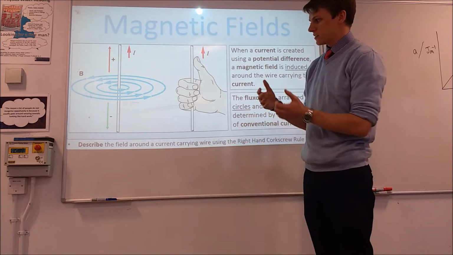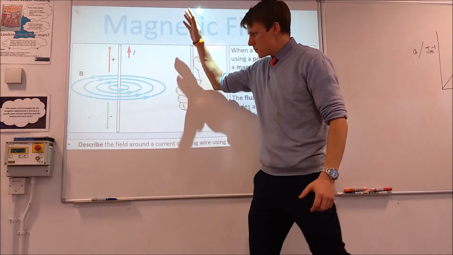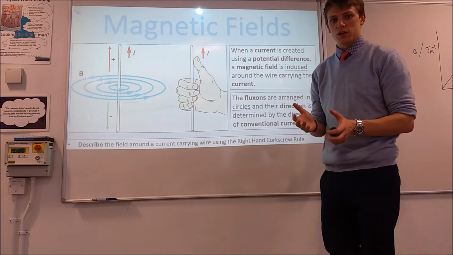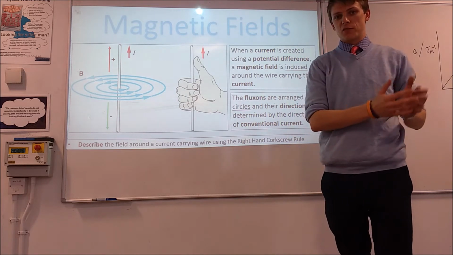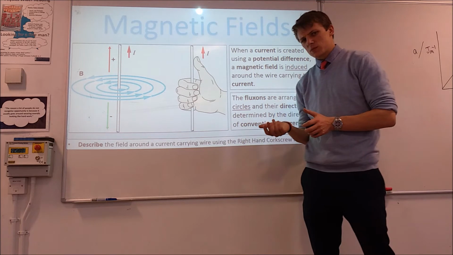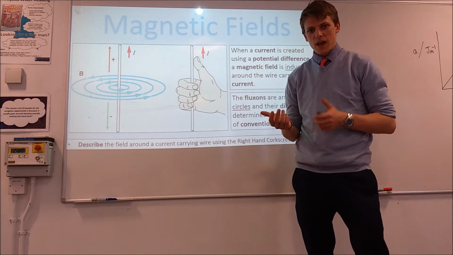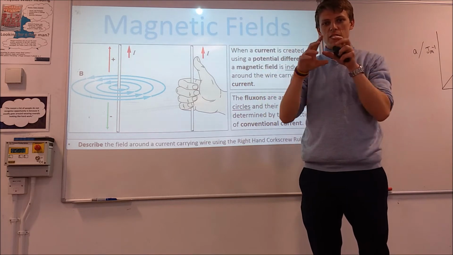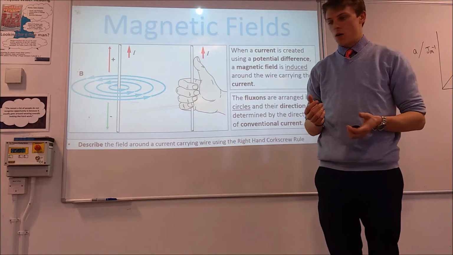So if there's a current, charges are moving through this conductor. And if we've got moving charges, they can experience a force from a magnetic field. If you can experience a force from a magnetic field, that must mean you yourself have a magnetic field, because it's the interaction of two fields that creates forces on things.